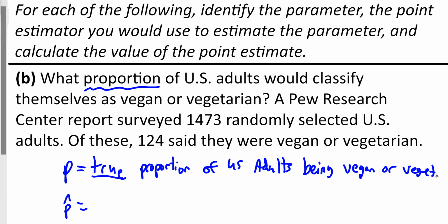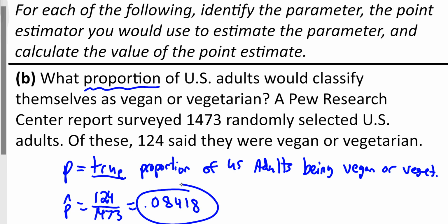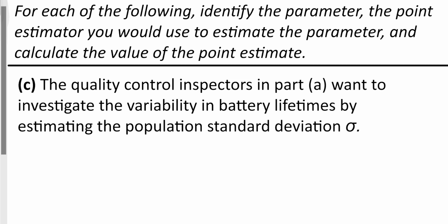And the proportion we actually have to find, it says 124 out of them, so we take 124 out of 1473, and we get that as 0.0842. That's our statistic. We got one more here.